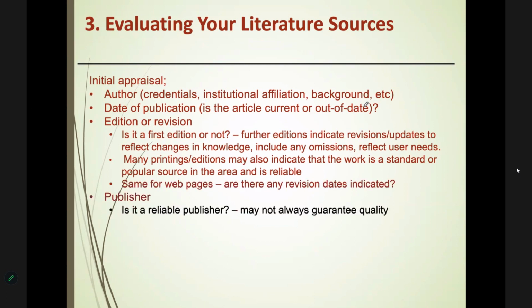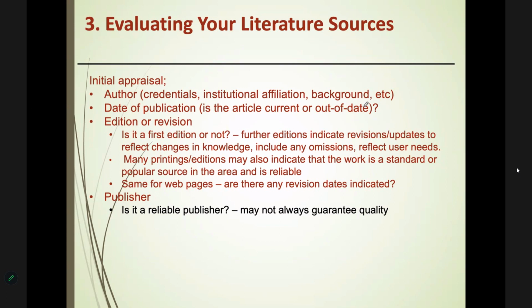And the publisher is also one of the initial appraisals. You have to check whether it is a reliable publisher, right? Because if it is not a reliable publisher, you cannot always guarantee the quality of the paper. That's why I suggest you go to databases like Scopus and Emerald.